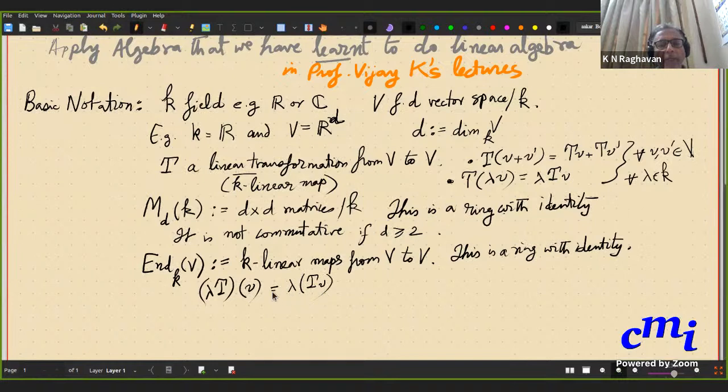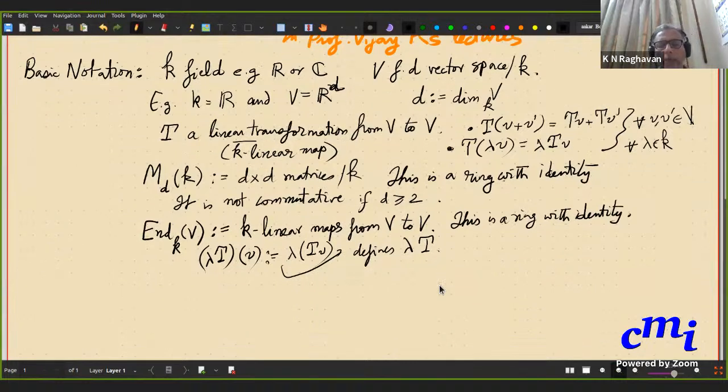So this defines λT. That shows this is a vector space. This is also a ring.